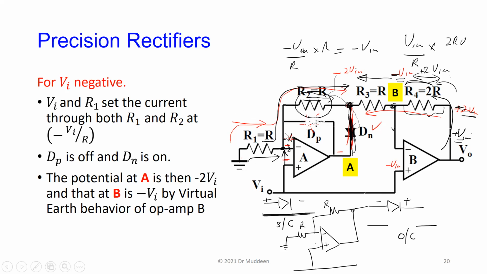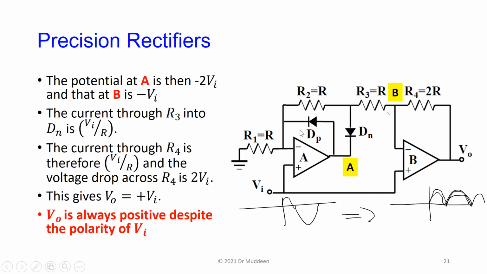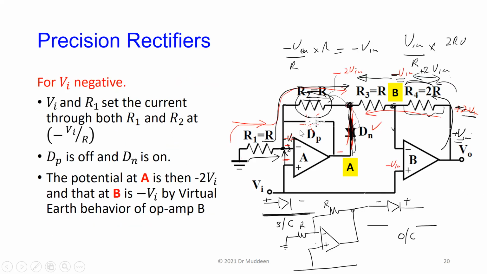Here is grounded. Here is at plus Vn. Sorry, here's at minus Vn. So here's minus Vn, right? For the current flow, there are two op amps working inside of here, right?